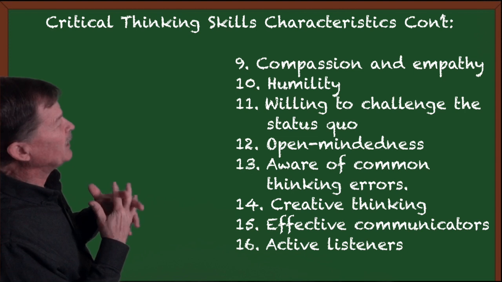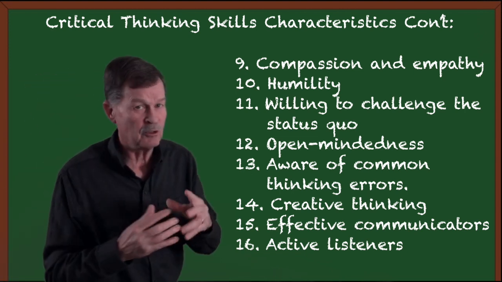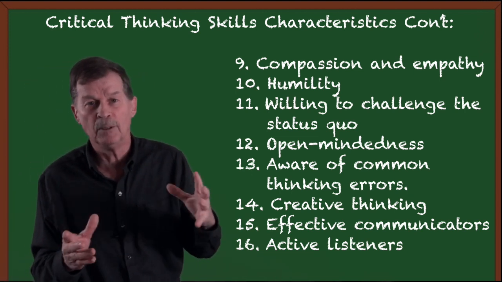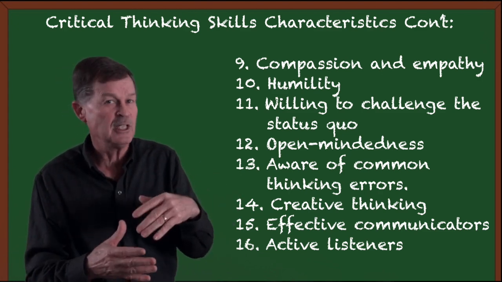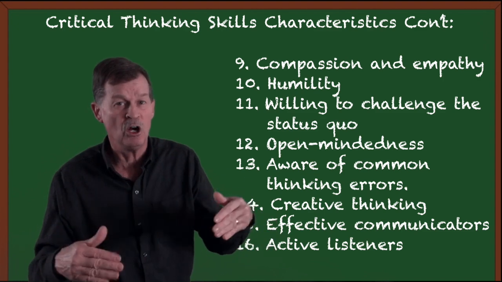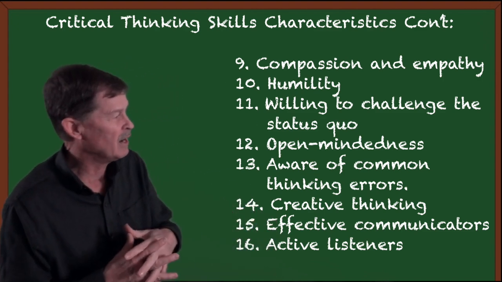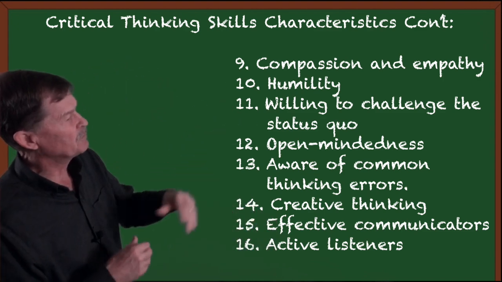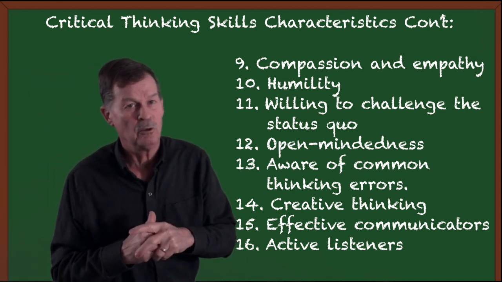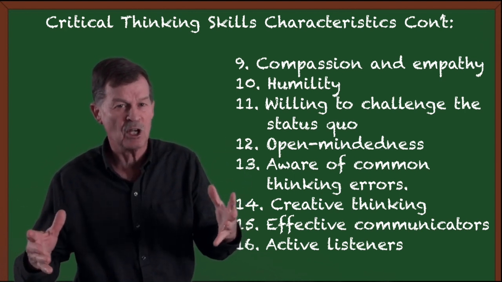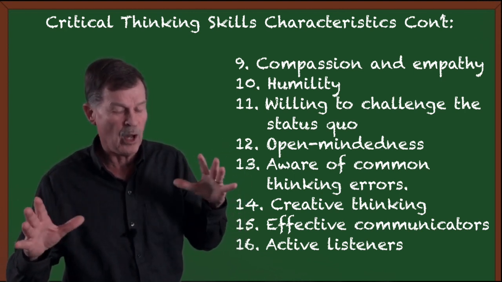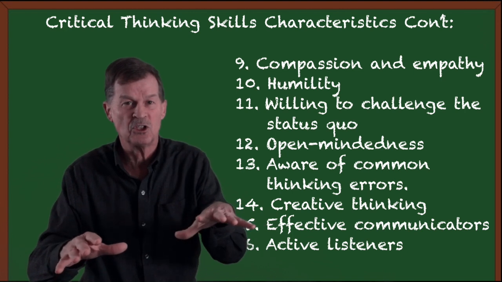Number 14, creative thinking. So in other words, we have a problem. We're looking at this and we're critical thinking, so we need to get creative in how we solve that within the resources that we have available. Then effective communicators. So in other words, we need to say what we're thinking. We need to express auditorily what our processes are.